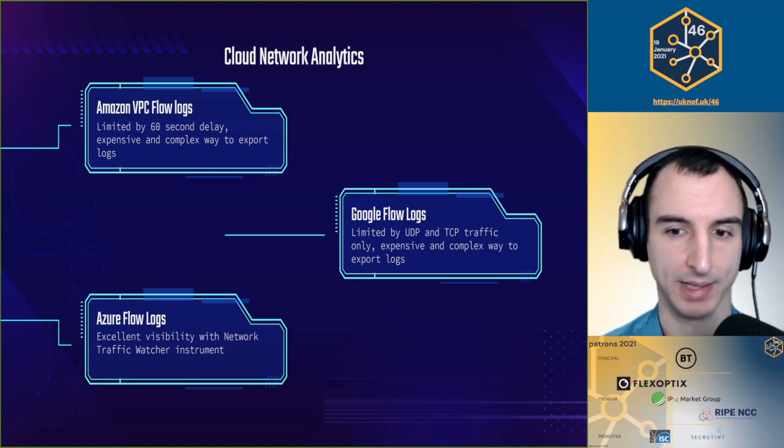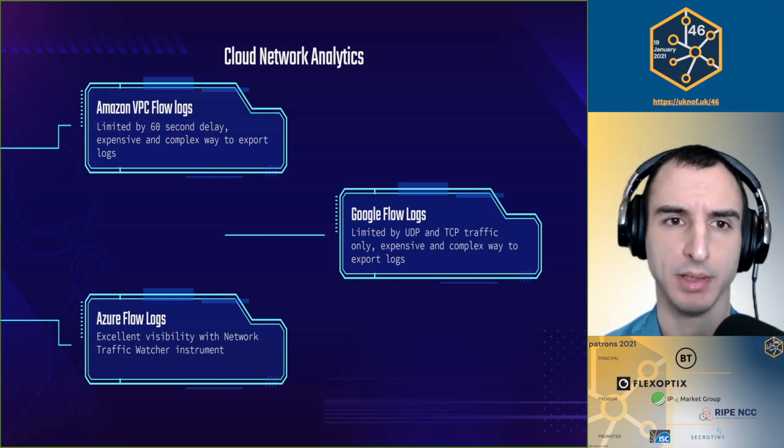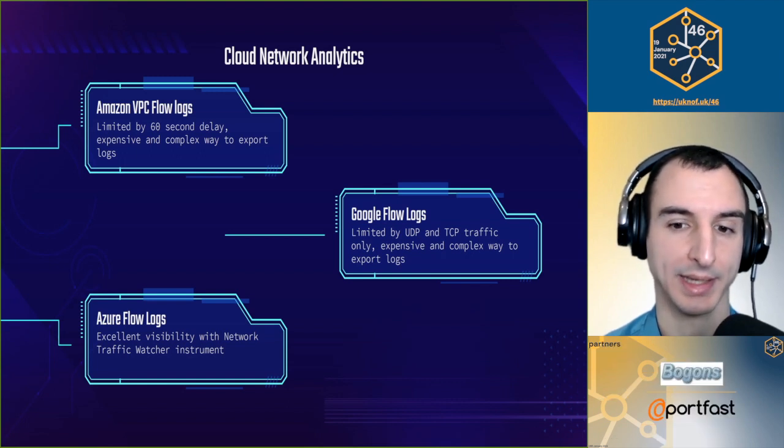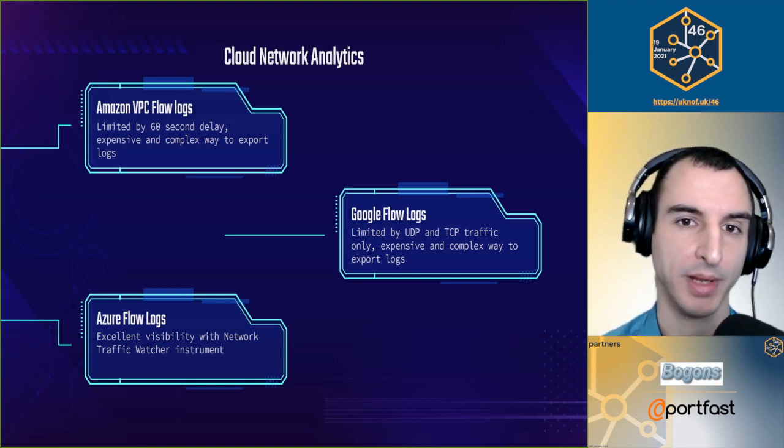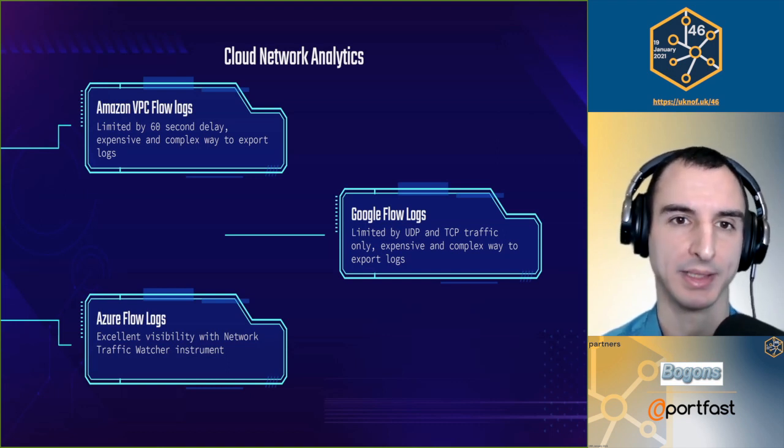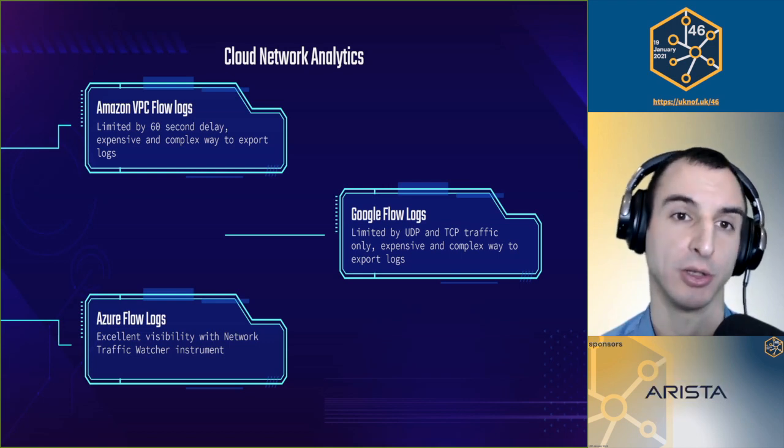And what next? Google. They provide a very similar pipeline for exporting telemetry. You can create a pub/sub interface to receive information, and you will see all packets arriving, all packets leaving. It's actually not packets, they are flows.